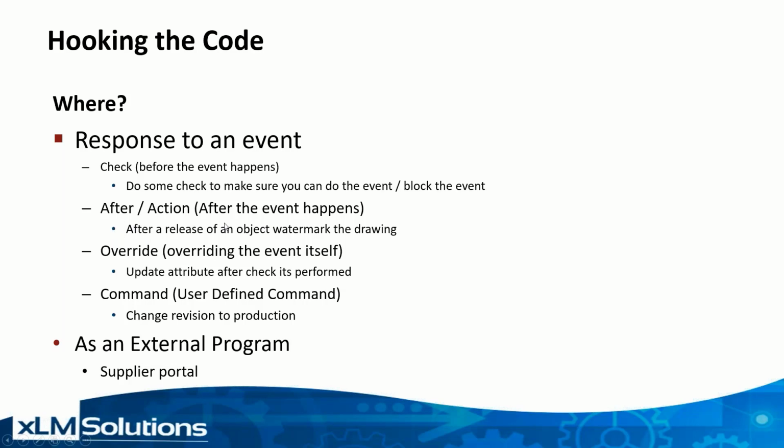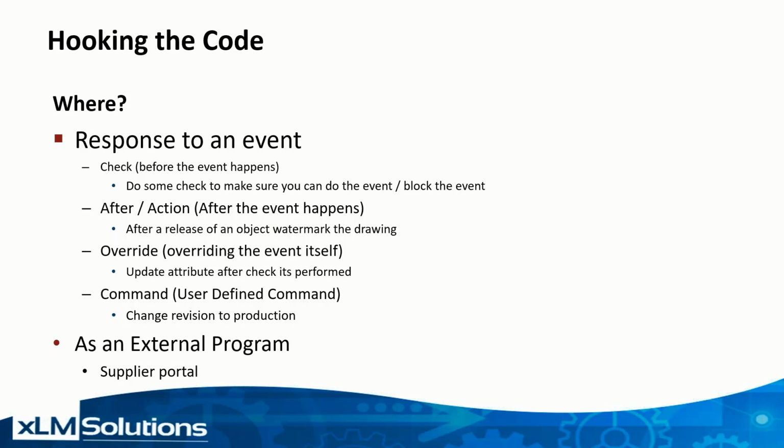We can have an override event. So it would override the action event. So it updates the attribute, and then after it does something else with overriding the event. And then finally, we can have commands, which are user-defined commands. They're things that you can, for example, right-click and run, or click a command to run, and that will do something.